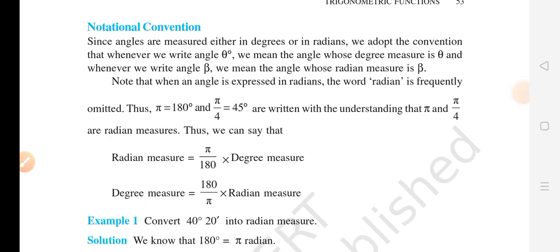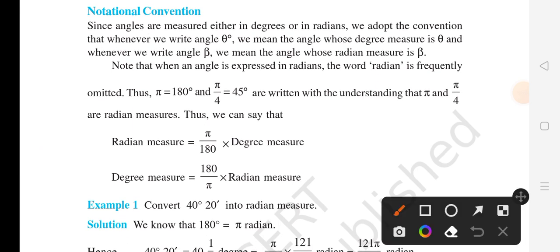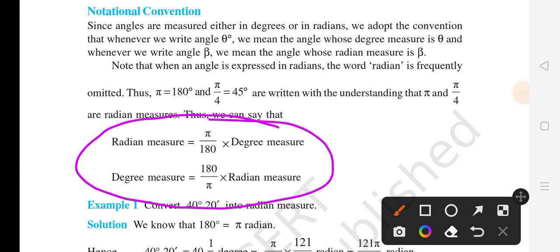As per notation convention, you can use the following formula: radian measure equals pi by 180 into degree measure. If you have to convert degree into radian, directly multiply the degree value by pi by 180.